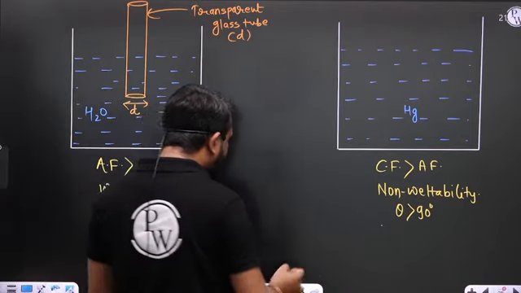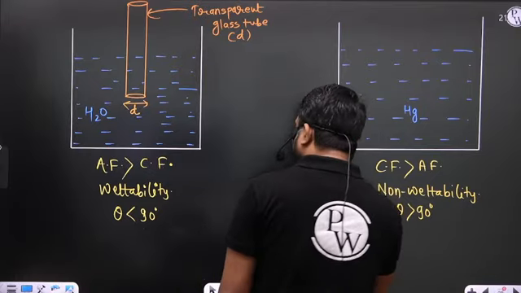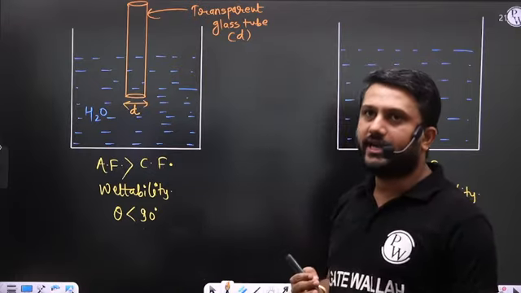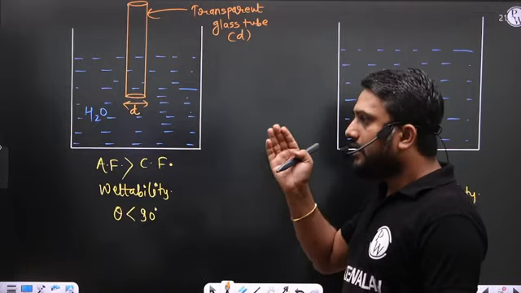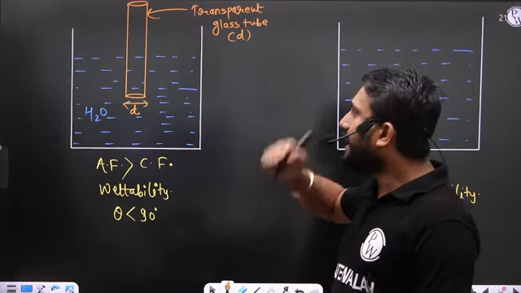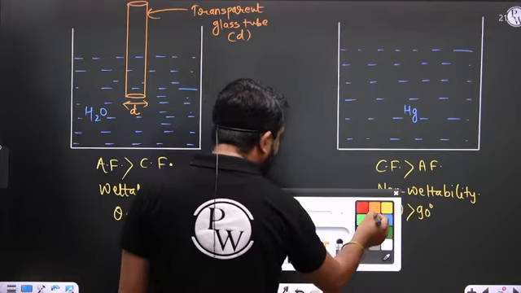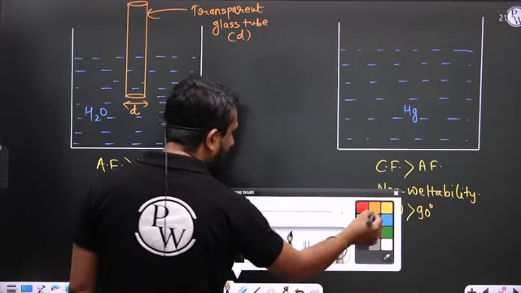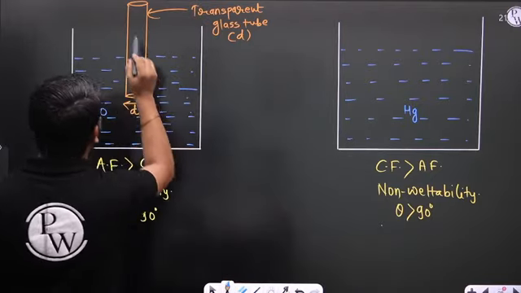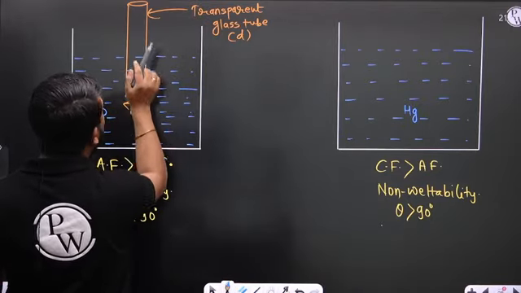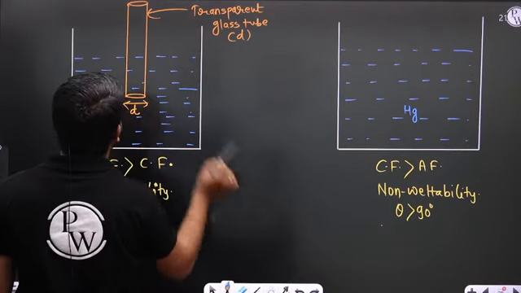Now we know that water has a wettability property, and a liquid having wettability property has a tendency to rise in this particular tube. So if you observe, water rises in this transparent glass tube like this.